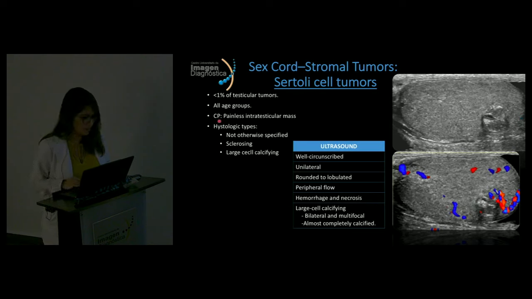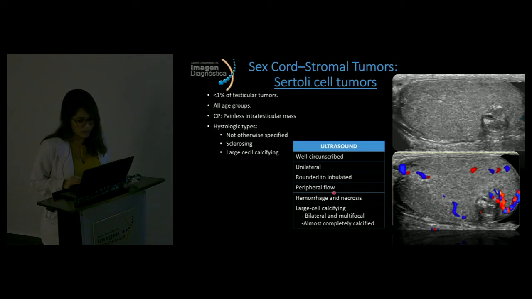So there are three kinds of histological types that I listed here, and the ultrasound characteristics of this tumor will be a well-circumscribed tumor, generally unilateral, and it will be rounded or lobulated.